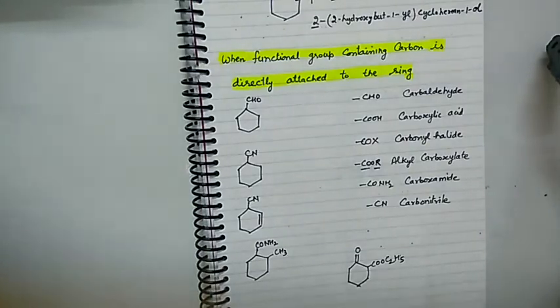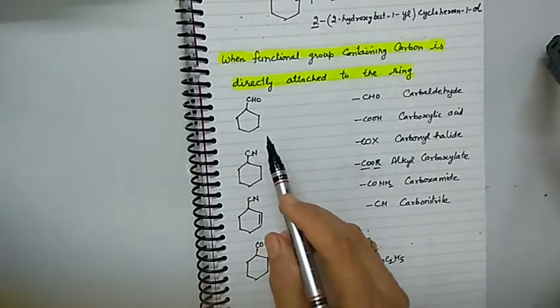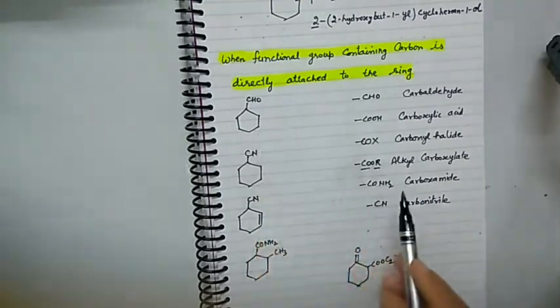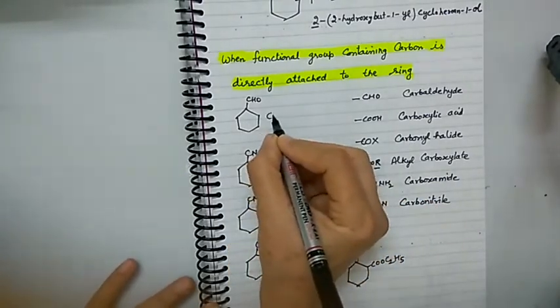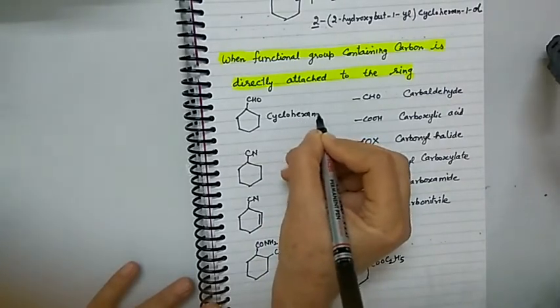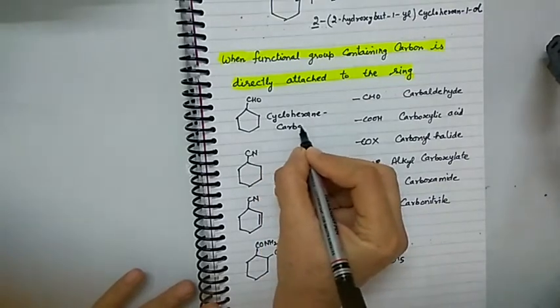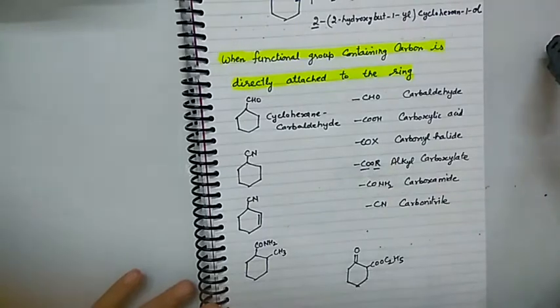So they are named simply as the cyclic compound and the name of the functional group. For example, this is cyclohexane, so it will be called cyclohexane carbaldehyde, right?